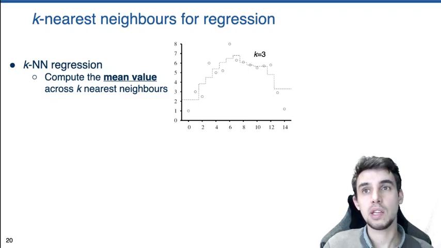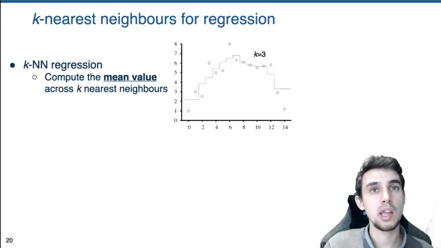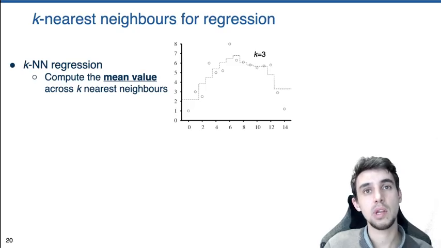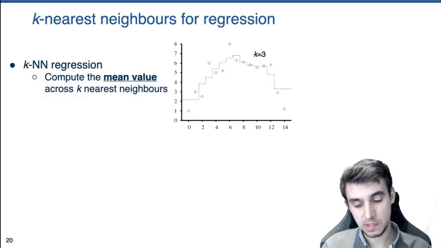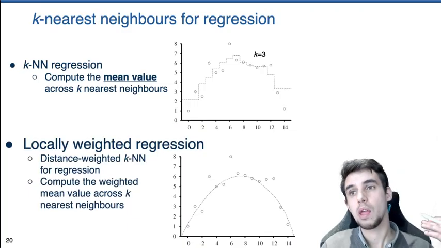And so here the idea is that now that we have k different instances, we can simply compute the average or the mean value of the different samples, and that will lead, for instance, to this kind of prediction.